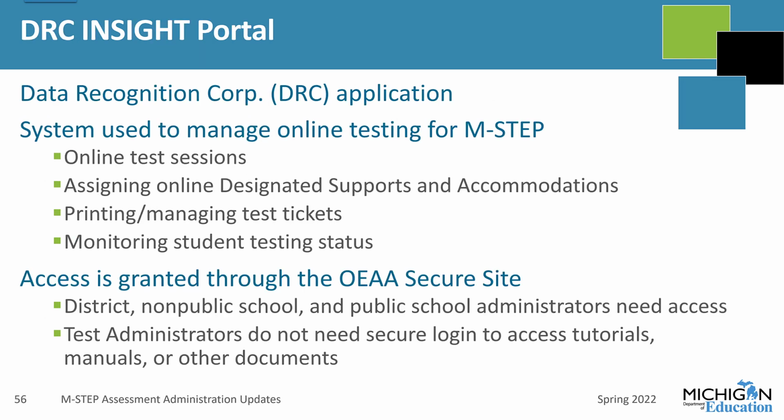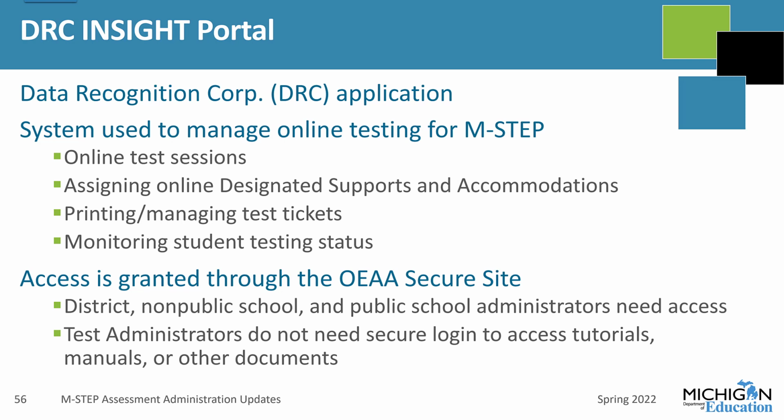The DRC Insight Portal is the system used to manage online test sessions, assign designated supports and accommodations, to print and manage test tickets, and during testing to monitor student testing status. Access to the DRC Insight portal is granted through the OEAA Secure site based on role assignment in the OEAA Secure site.